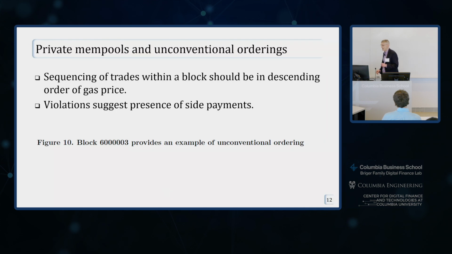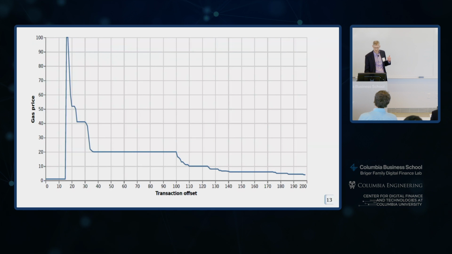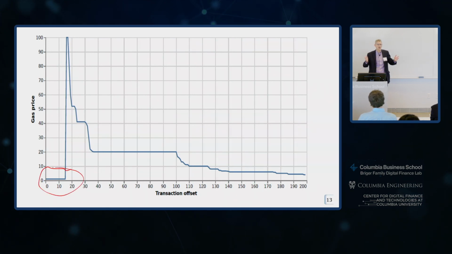Now, the last thing I want to touch on here are these unconventional orderings in the blocks. I found these fascinating, and I want to point out an interesting aspect of this one, the block that Albert looked at. So right here, that's the part that Albert was focusing on.